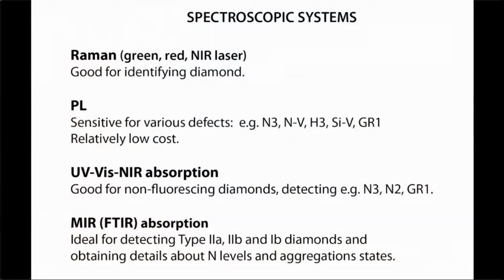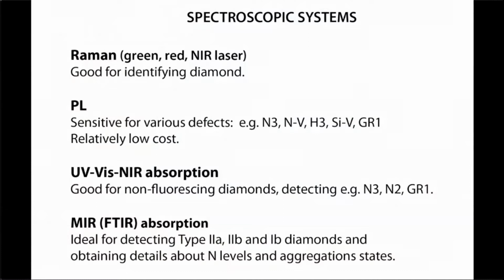We have now considered 3, or rather 4, spectroscopic systems. So how do the various systems compare? Well, Raman systems using longer excitation wavelengths are good for determining if a gem is a diamond or not. While a PL system is excellent for revealing many defects that can relate to origins or treatments, but is less effective for non-fluorescing diamonds on account of, say, high concentrations of A centers or a type 2 character.